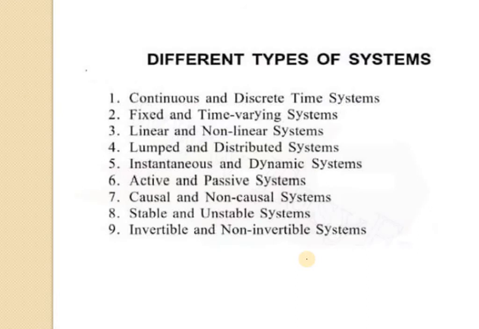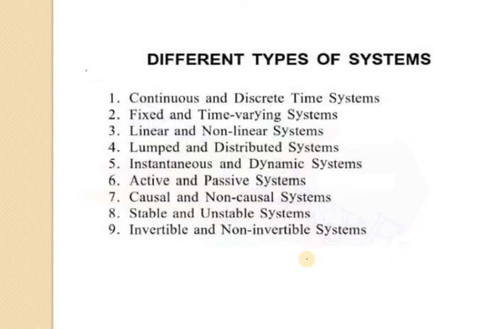Now, what are the different types of system? Basically, there are 9 types of system defined here, like continuous and discrete time system, fixed and time varying system, linear and non-linear system, lumped and distributed system, instantaneous and dynamic system, active and passive systems, causal and non-causal system, stable and unstable system, invertible and non-invertible systems.